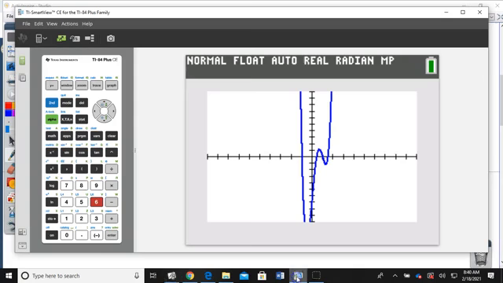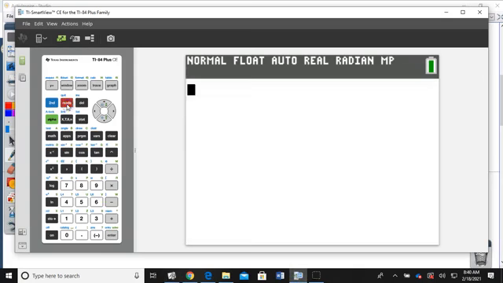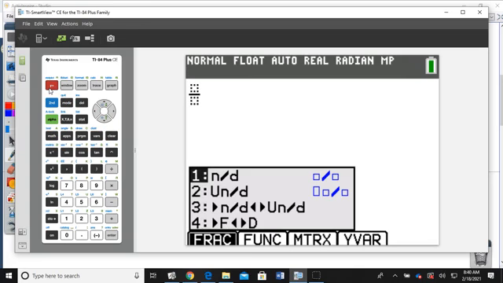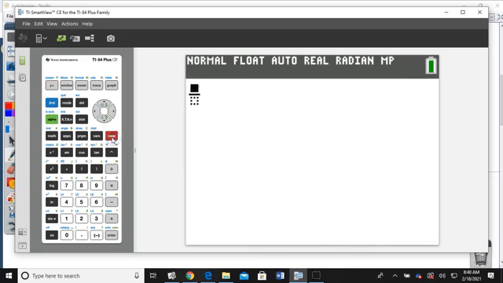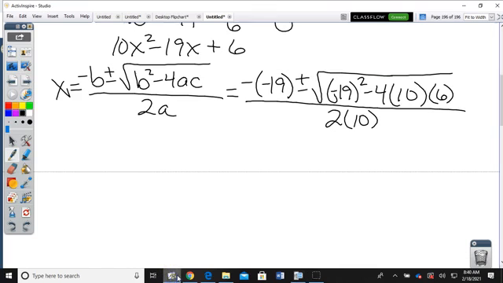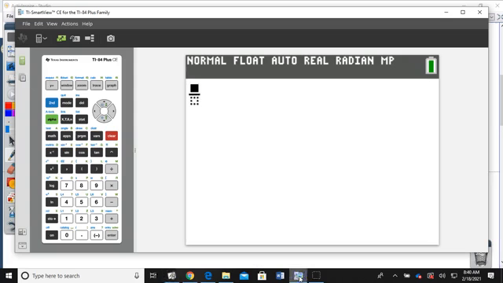So I got to go back anyway. Alpha y equals, also do number 1 there. And basically we're just plugging in. So let me go back to what we were plugging in here. Negative a negative 19. Negative 19. I'm going to do plus first.